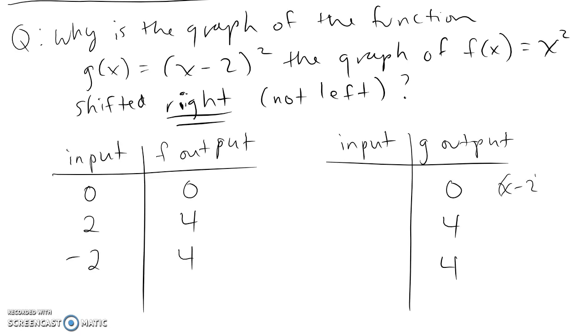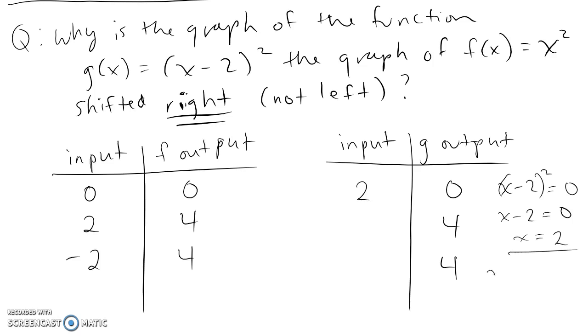If I take x minus 2 squared, set it equal to 0, I can say it's true then that x minus 2 is equal to 0, or the square root of 0, which is 0, and x is equal to 2. So the input that gives me the output 0 for g is 2.